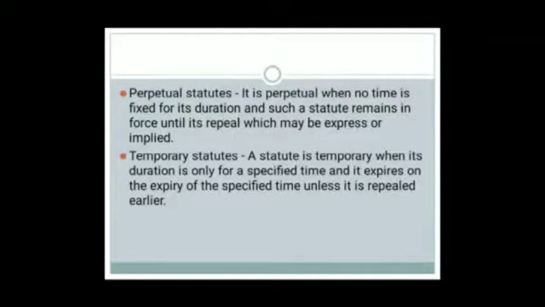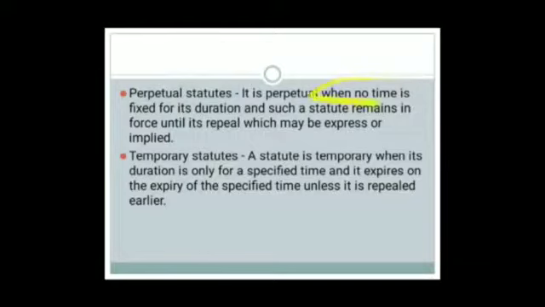A statute is perpetual when no time is fixed for its duration, and such a statute remains in force until its repeal, which may be expressed or implied. So what is a perpetual statute?